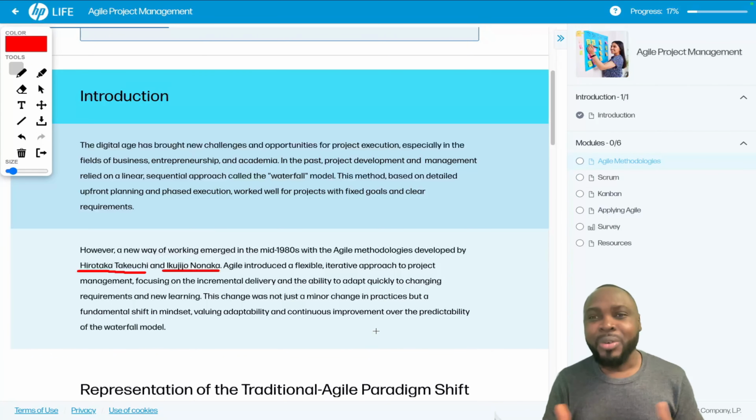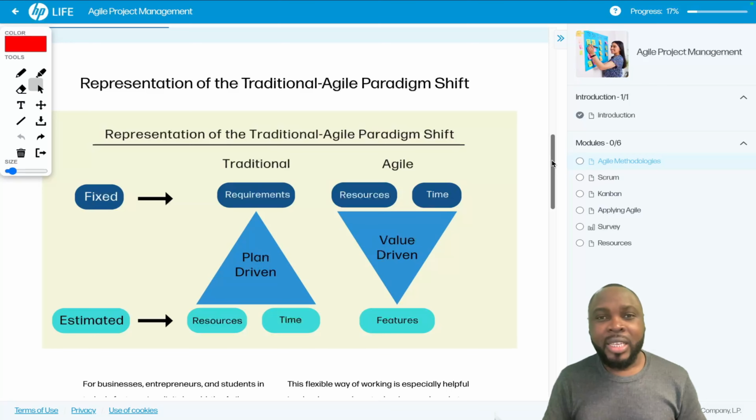Let's look at the representation of the traditional to agile paradigm shift, that is, the shift from the traditional, the linear, the waterfall, or the predictive, to the now agile way of project management.